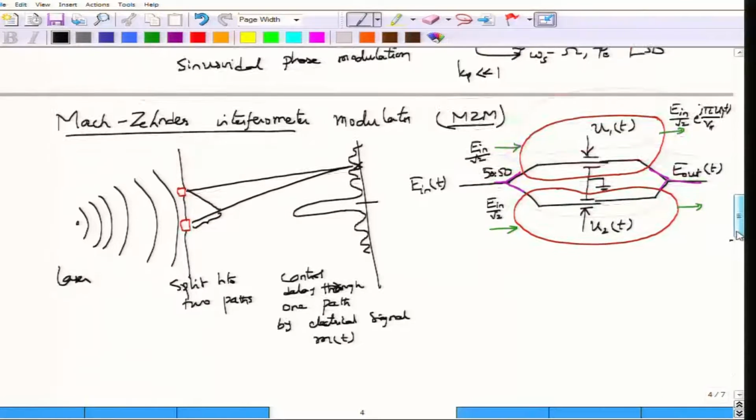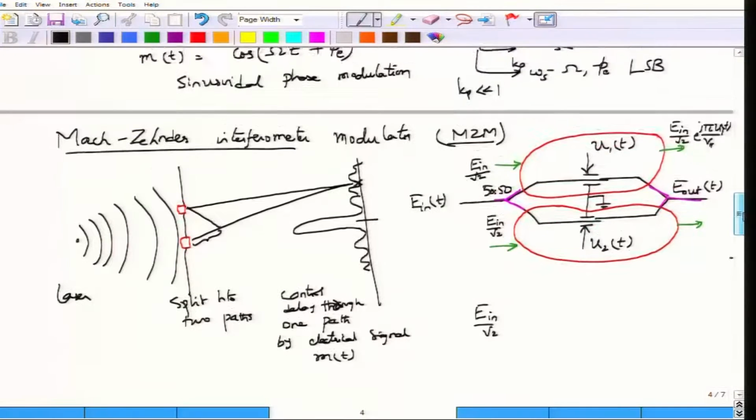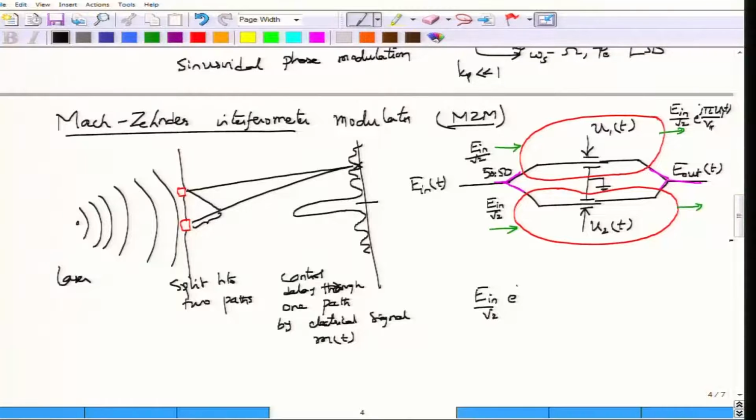Let me rewrite it down here. For the first phase modulator, the electric field output would be E in by root 2 e to the power j pi u1 of t divided by v pi. This v pi is called the half wave voltage of the phase modulator. We will talk about what half wave voltage means when we look at the physical structure of the phase modulator.